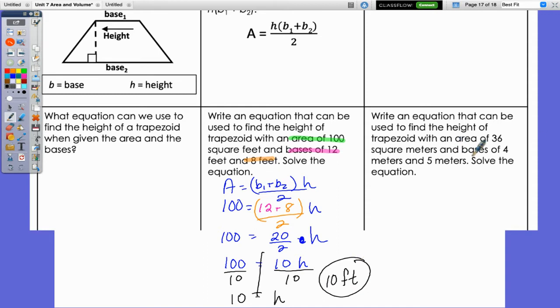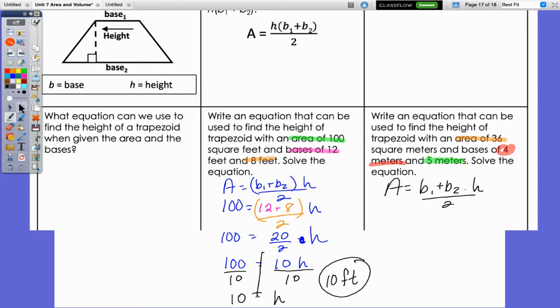Okay, let's look at this next question. It says write an equation that can be used to find the height of a trapezoid with an area of 36 square meters and bases of 4 meters and 5 meters. Okay, so let's write our trap formula down. Area equals base 1 plus base 2 divided by 2 times height.